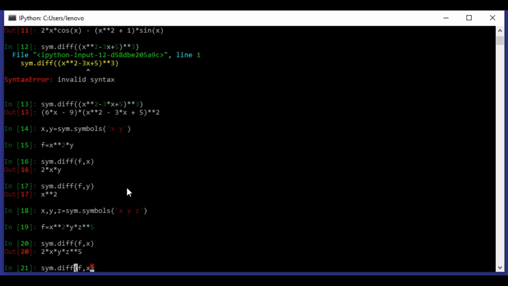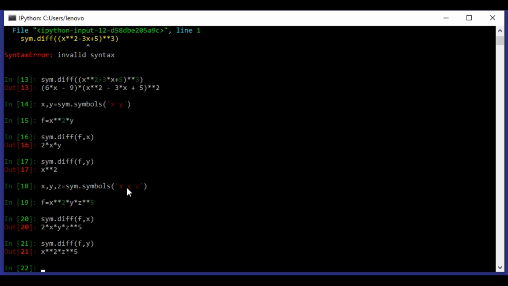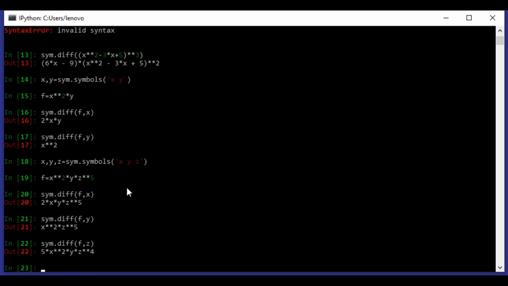Then with respect to y, we know the answer is x squared z raised to 5. We have got the answer x squared into z raised to 5. Similarly, with respect to z, it is 5 x squared y z raised to 4. That is the answer.